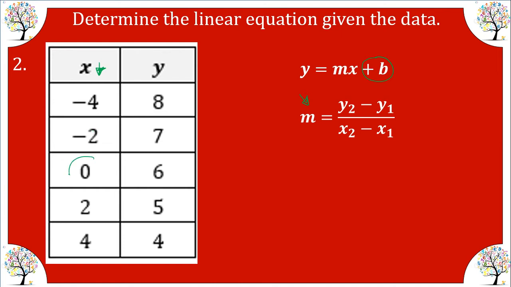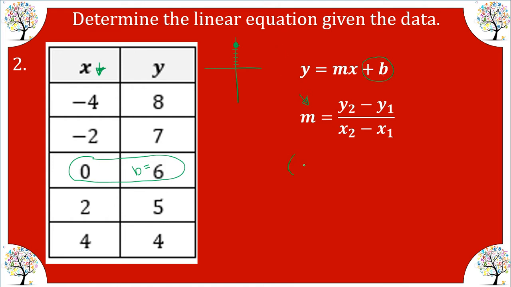So yes, I have been given that ordered pair, the y-intercept. Like on the coordinate plane, 0, 6: 1, 2, 3, 4, 5, 6. This is where the line is going to cross the y-axis. So 6 is the b value, and we already have half of the values that we need to write our linear equation.